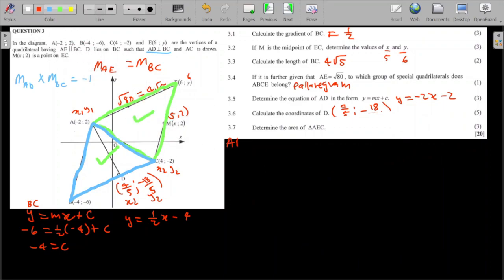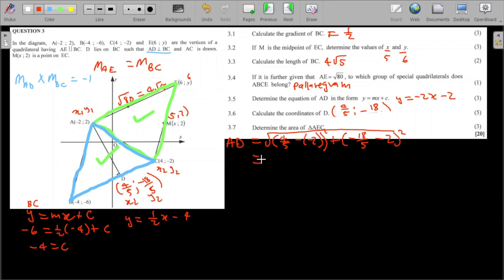So AD is going to equal the square root of x2, which is 4 over 5, minus negative 2, all squared, plus y2, which is negative 18 over 5, minus 2, all squared.